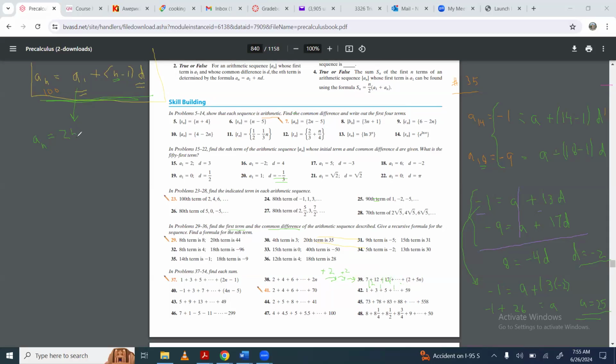And then plus n minus 1. You might ask, what do you put instead of n? Well, it's the nth term, so n stays as n. We don't put anything here. We just keep n, but the difference is what we found. And the difference is -2, so I got -2 to multiply by this. So we'll simplify.